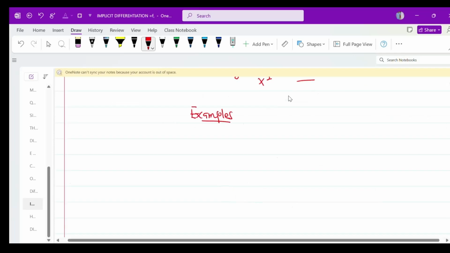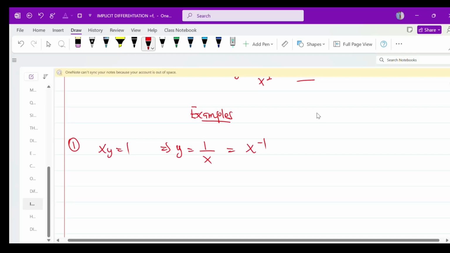For example 1, you have been given the equation xy equal to 1 to differentiate implicitly. You can see that here we can easily make y the subject, which will give us 1 over x. Okay, and we can write this as x to the power of negative 1.